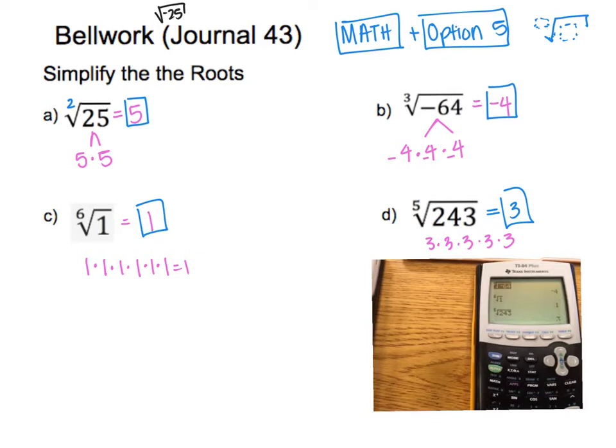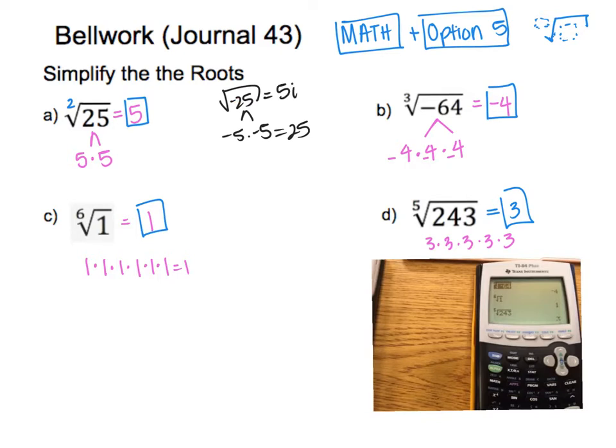Because if I were to break this up, negative 5 times negative 5 gives me positive 25, not a negative 25. So what I'm saying is that a square root can never have a negative inside. This would give you an imaginary number, so this would be 5i.